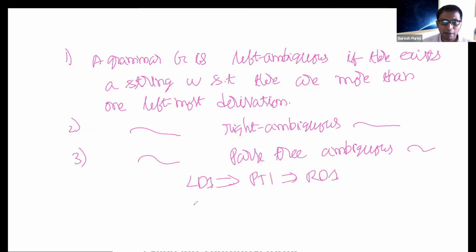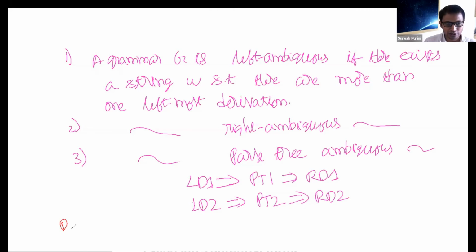Let's say the grammar is left ambiguous, so there is one more leftmost derivation LD2, which yields the associated parse tree PT2 and then the associated rightmost derivation RD2. So if a grammar is left ambiguous, then it is parse tree ambiguous and it is right ambiguous also. Similarly, if the grammar is parse tree ambiguous, then it is right ambiguous and left ambiguous, and so forth.